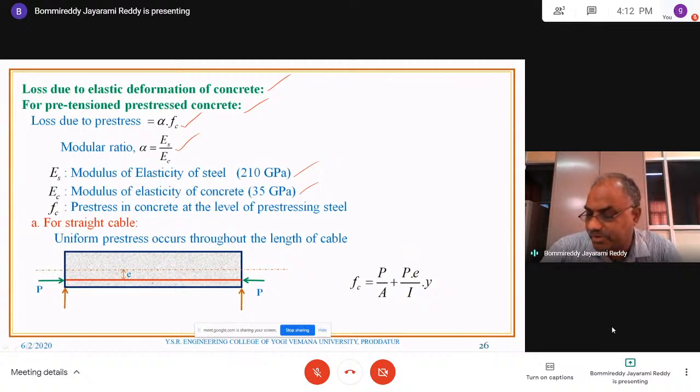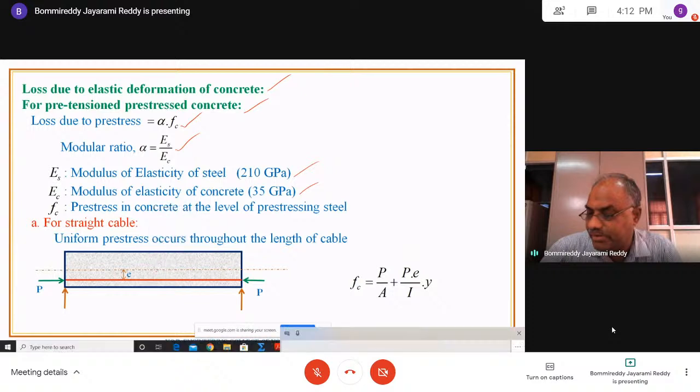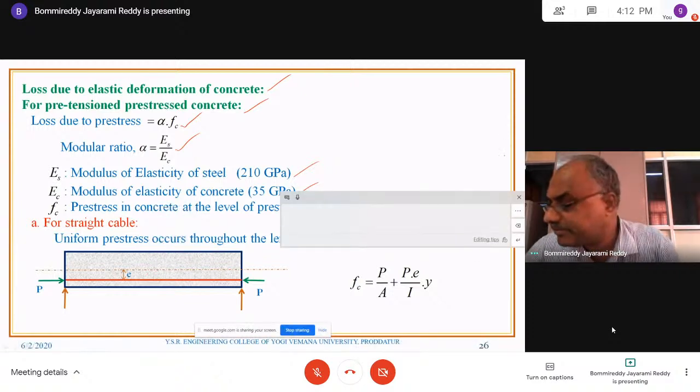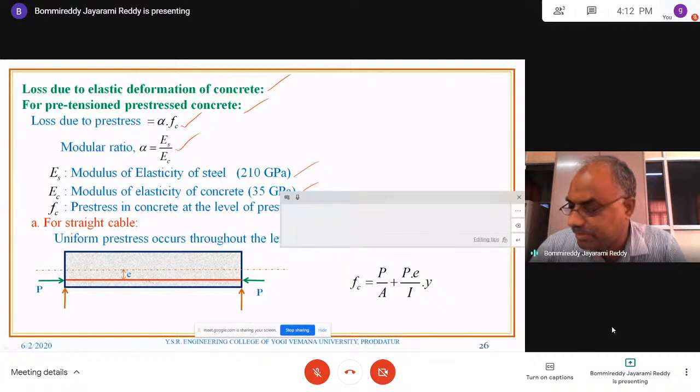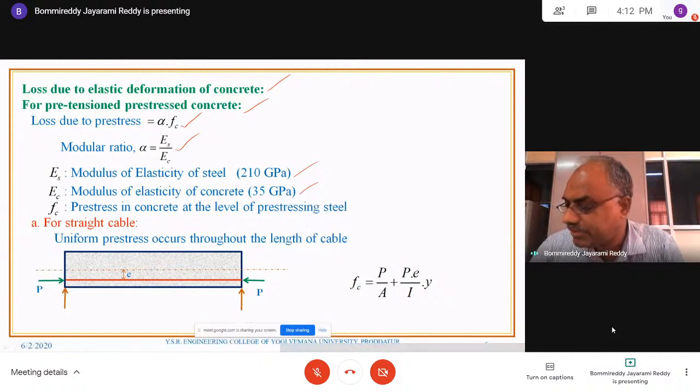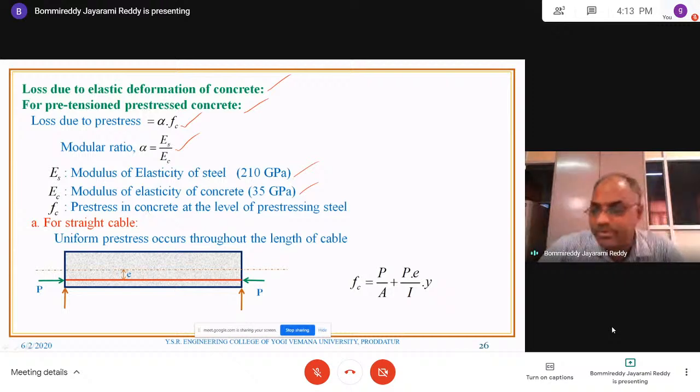That means here you can look at what is the magnitude of the stress at a particular given point. So remember it: Fc means pre-stress in concrete at the level of the pre-stressing cable.